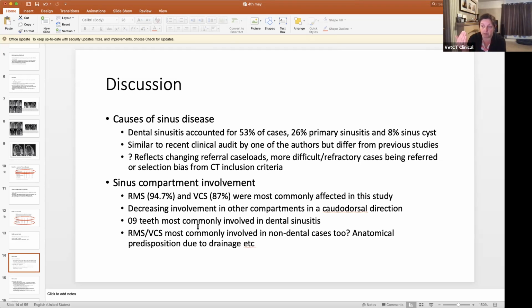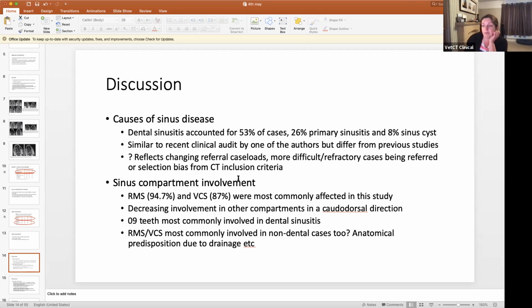So the next most common was caudal maxillary. The next most common was the dorsal conchal or conchofrontal sinus, and the ethmoid and the sphenopalatine were much less commonly involved. As far as the dental sinusitis goes, the 09 teeth were the most commonly affected, which again would fit with what we see clinically.